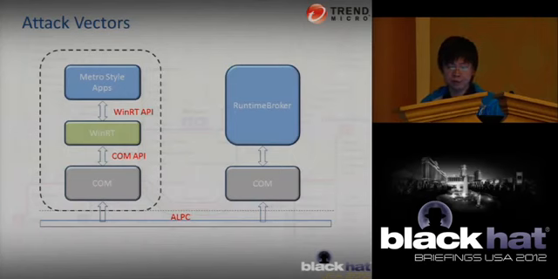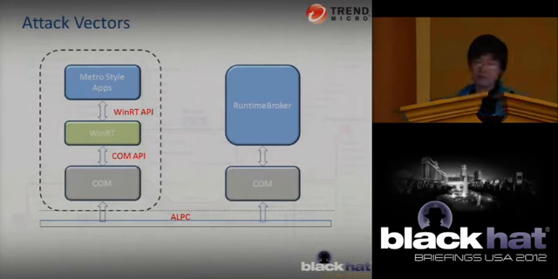Under COM, there is ALPC communication in the kernel. This picture shows the flow of communication between a Metro style app and the runtime broker. The message flow is WinRT, COM, ALPC, and COM and runtime broker.